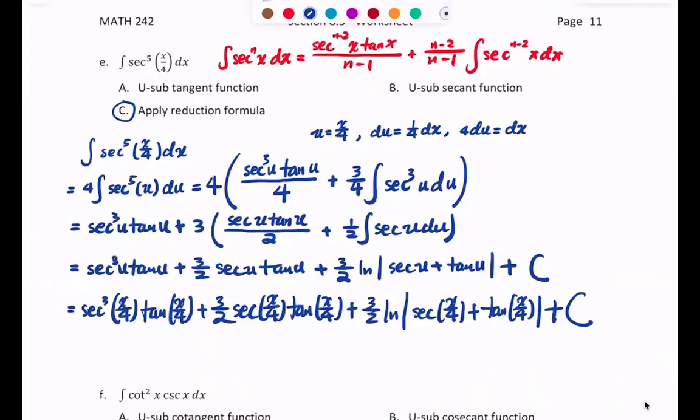So if it's not just a clean variable x there, you may want to do a u-substitution first.